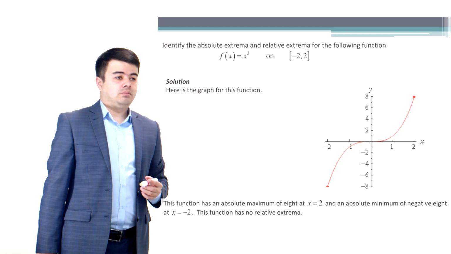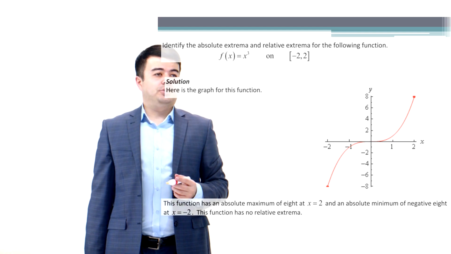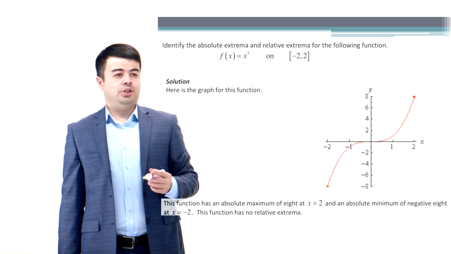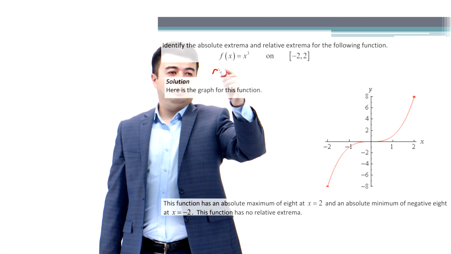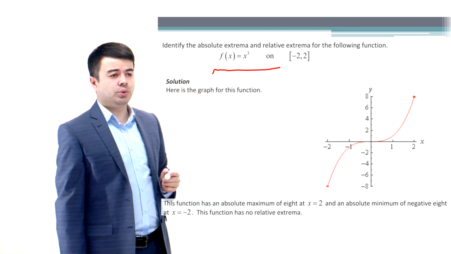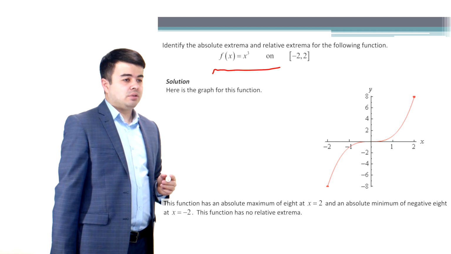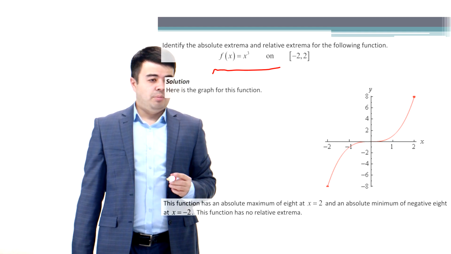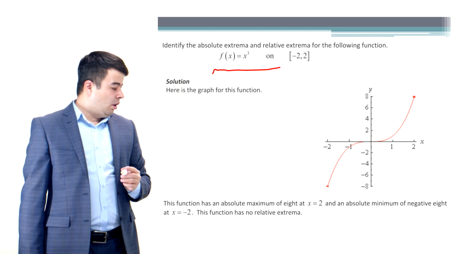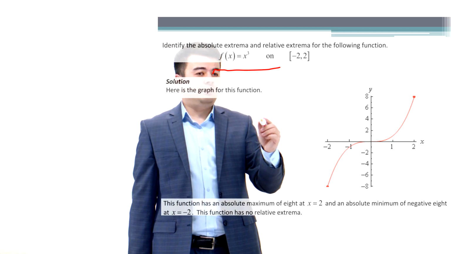Now, again, find absolute extrema and relative extrema for the following function. f of x equals x cubed on -2 and 2. And here, do we have a maximum? Of course we have here.